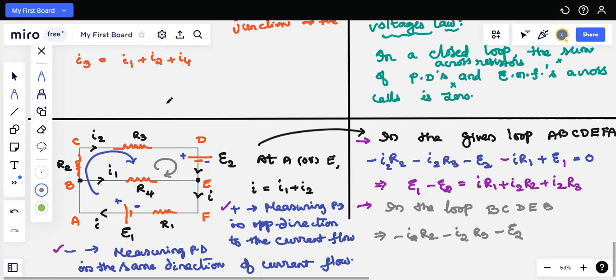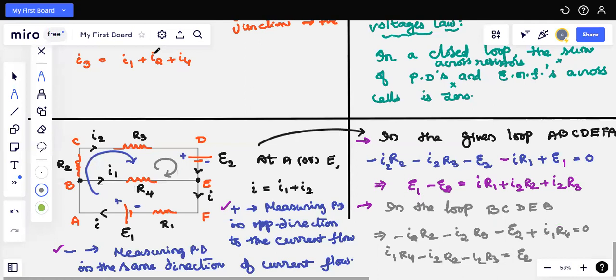You put the last one positive only. Correct. E to B, you are measuring in the opposite direction to the current, which means positive, plus I1 R4. That I1 R4 minus I2 R2 minus I2 R3 minus E2 finally is equal to 0. Likewise, we write and we try to simplify the equations.